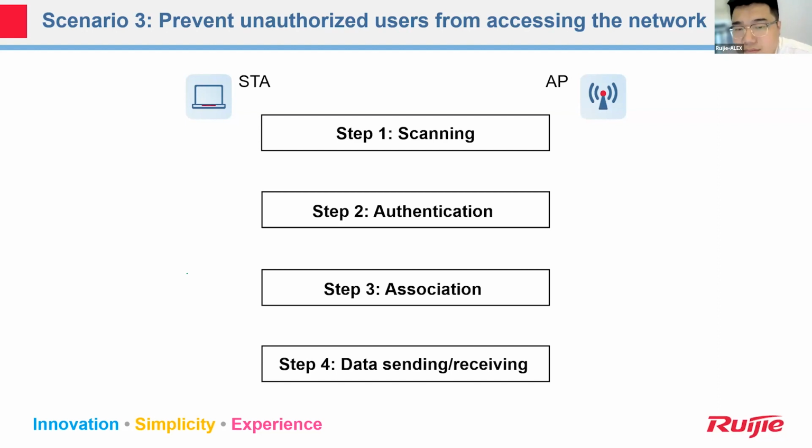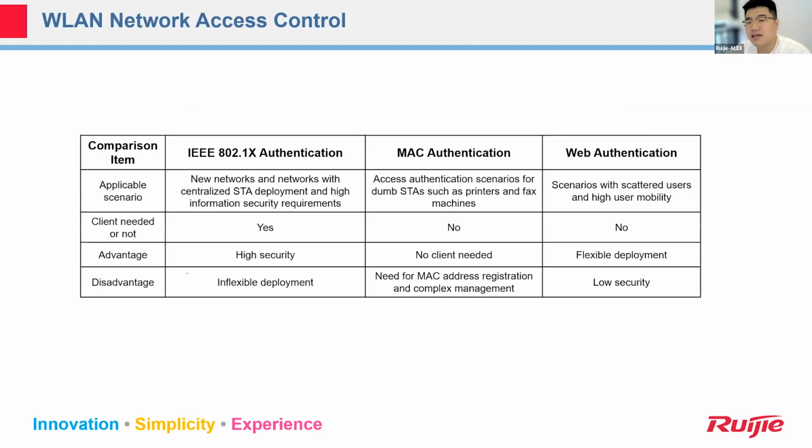And to prevent the unauthorized users accessing the network, what we should do is to enable some authentications. And for the authentications, you can see here, we have 802.1x authentication, MAC authentication, web authentication, and except that, we have more, for example, open authentication, which is also called non-authentication.